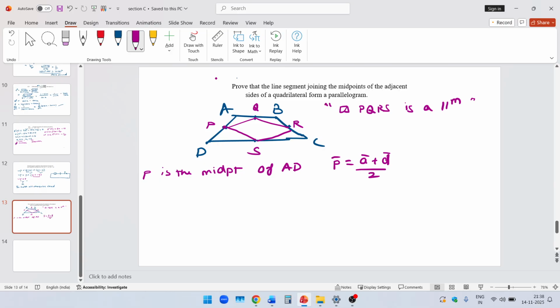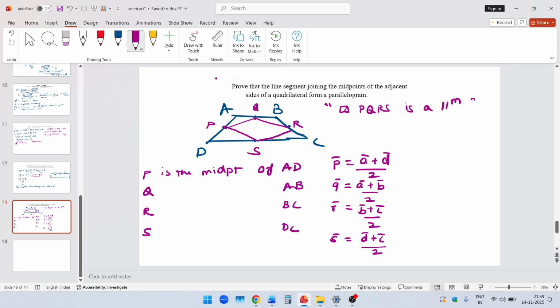Similarly, Q is the midpoint of AB. So I can write Q bar is equal to A bar plus B bar upon 2. Similarly, R is the midpoint of BC. So R bar is equal to B bar plus C bar upon 2. And finally, S is the midpoint of DC. So S bar is equal to D bar plus C bar divided by 2.